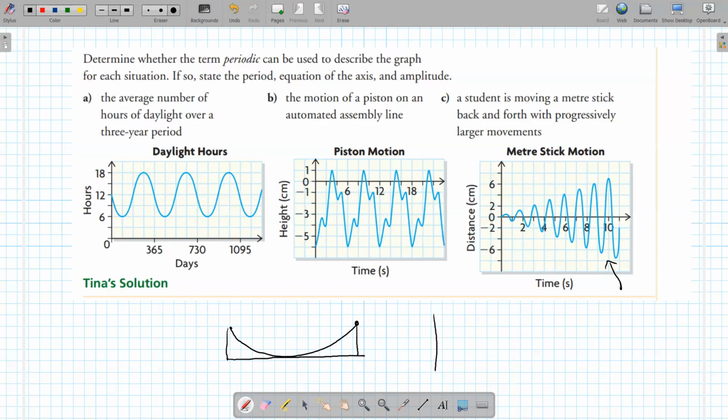Same thing with buildings. Tall buildings, if there's a high wind, are going to move back and forth. They're going to sway, this way and this way.